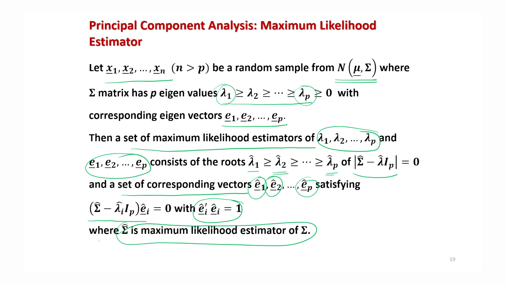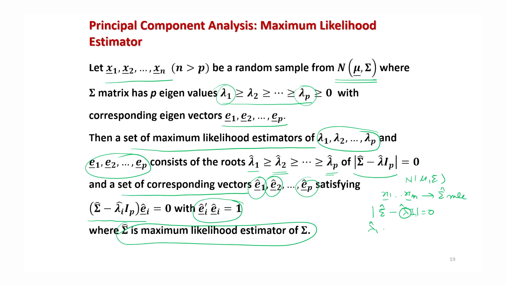So, if you try to understand what I am trying to say here, you have a normal mu sigma population, from which you obtain a sample, say x1, x2, xn. Then you obtain sigma hat as a maximum likelihood estimator. Then you take this covariance matrix estimator and find its characteristic roots. Whatever values lambda 1 hat, lambda 2 hat, lambda p hat you obtain on the basis of the given set of data, they will satisfy this equation.